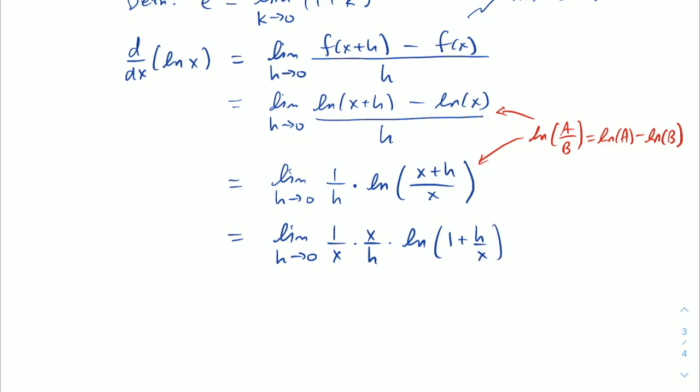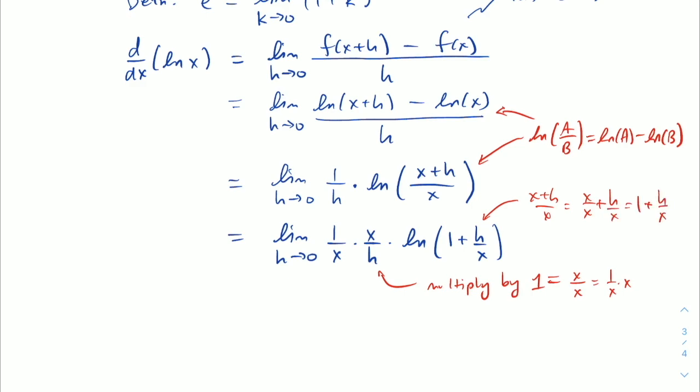So all I'm doing in this first part when I'm introducing the x is multiplying by a fancy form of 1. It doesn't change the expression. The 1 that I'm multiplying by is just x over x, or 1 over x times x. And the second thing I'm doing is writing (x plus h) over x as x over x plus h over x, which is 1 plus h over x.